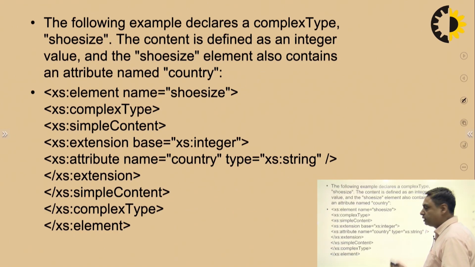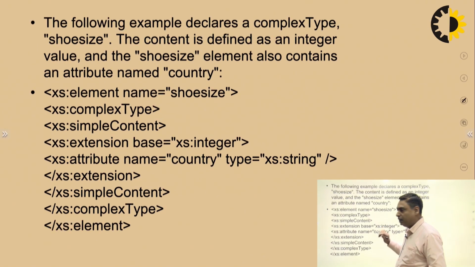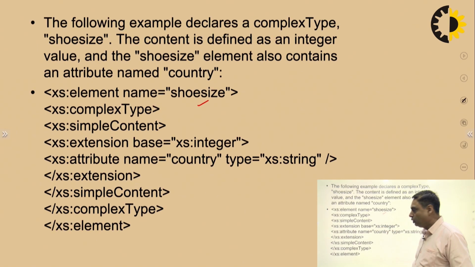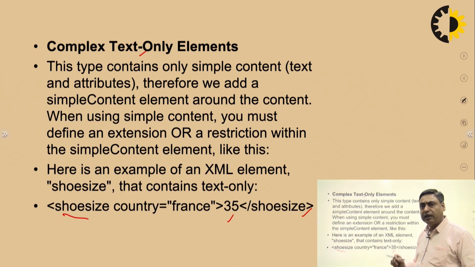The XML schema for this XML file first defines the element shoe size. It is a complex type because it has an attribute. I already discussed that any element that has an attribute we call a complex type.